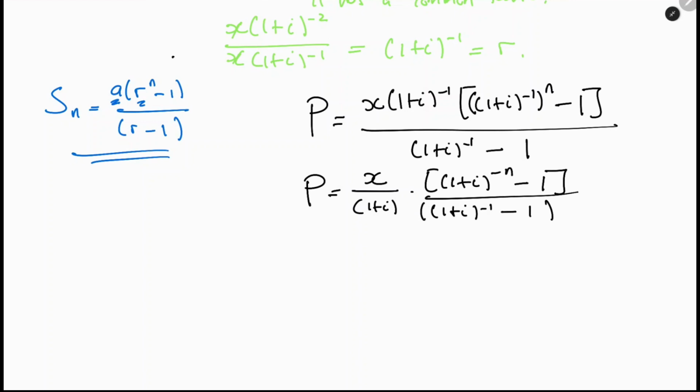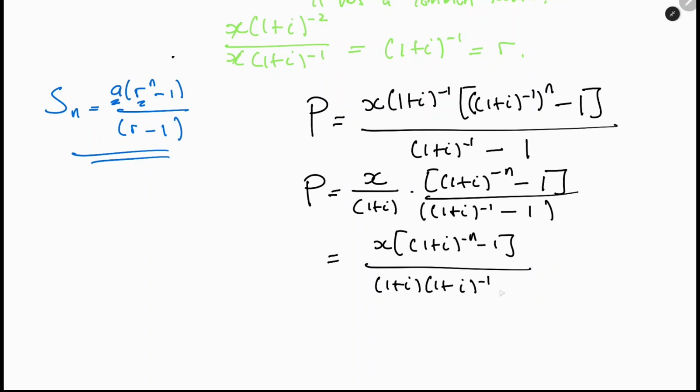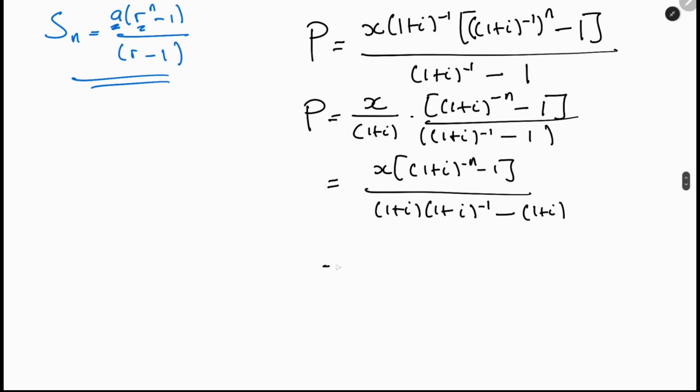Okay, let's simplify this a bit further. So I'm going to go x, big bracket on top, leave it as is, and then in the denominator I've got 1 plus i multiplied by (1 + i)^(-1), so I'm multiplying it into this bracket here, and then minus (1 + i). So that's going to simplify, leaving the numerator as is.